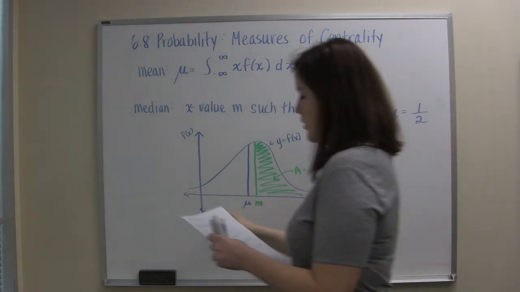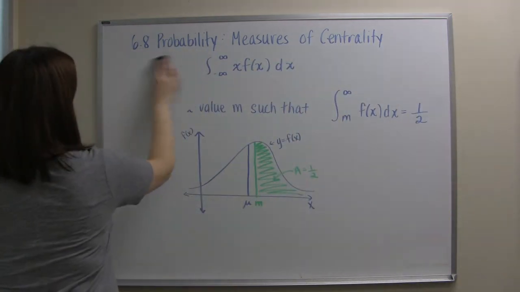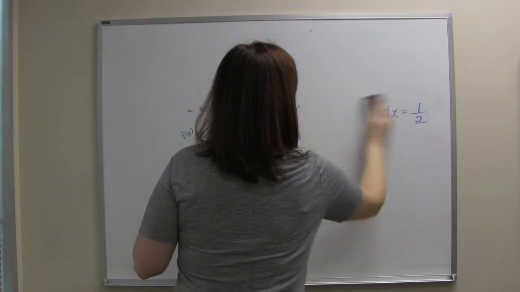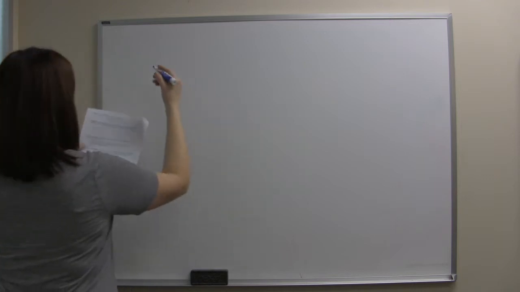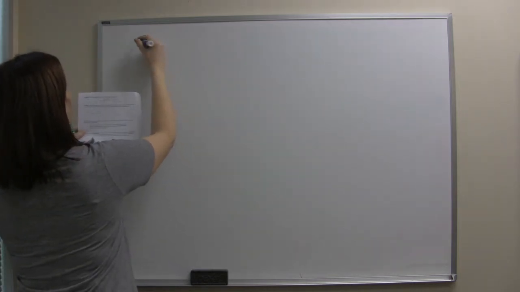So the first example asks us to calculate the mean for a particular probability density function. And so this is the probability density function.